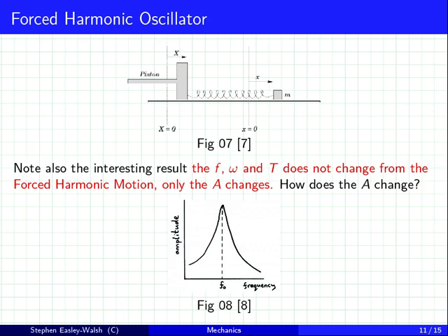There was another example more recently in the UK, the Millennium Bridge. It used to swing quite a lot, and the reason is that the frequency of the bridge was the same as the frequency that people walked at, about 1 hertz.